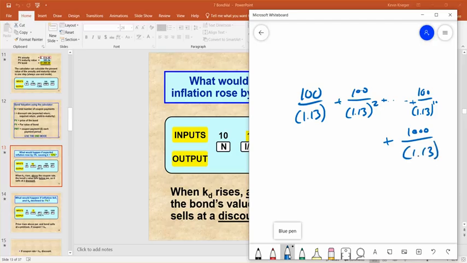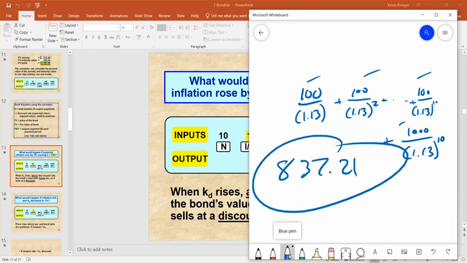Well, when you divide all these things by a higher number, what happens to anything when you divide it by a larger number? The amount goes down. How much does it go down to? Well, you don't need to sit and do them all piece by piece anymore with a little calculator. You can do it with a financial calculator and you get the answer. The value when you do all of that goes down to 837.21.